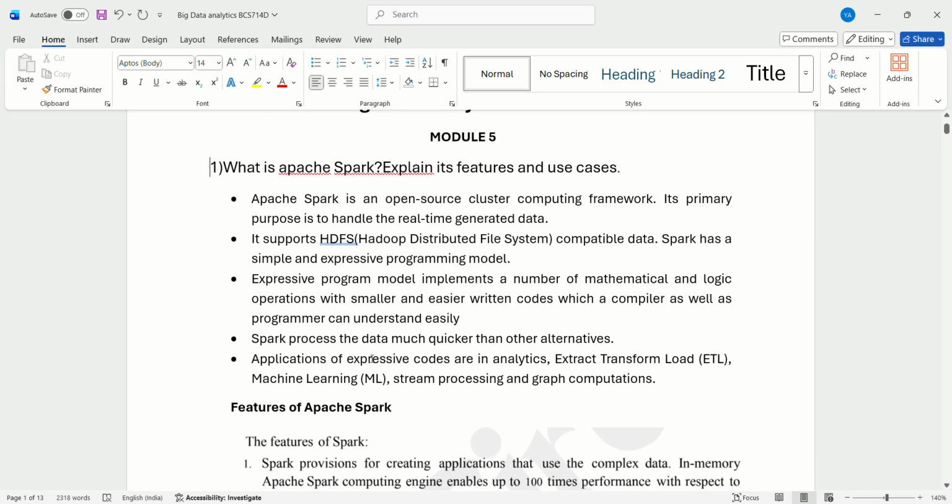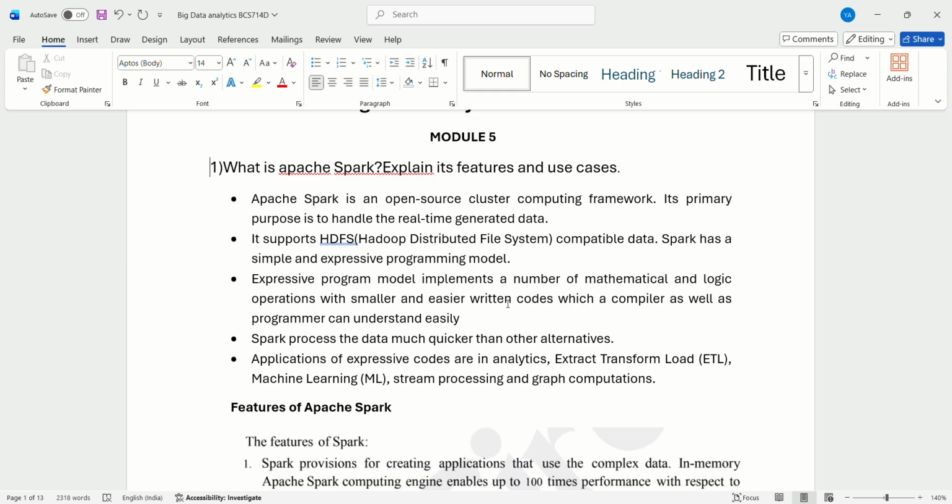So let's recall what we have learned. Apache Spark is an open source cluster computing framework. Its primary purpose is to handle real-time generated data. It supports HDFS compatible data. Spark has a simple and expressive programming model, which implements a number of mathematical and logical operations with smaller and easily written code, which a compiler as well as a programmer can understand easily.